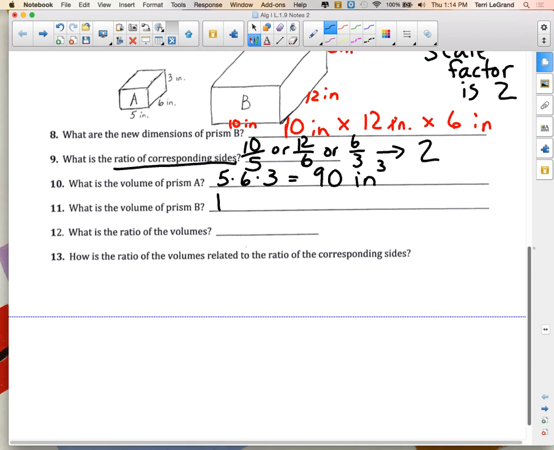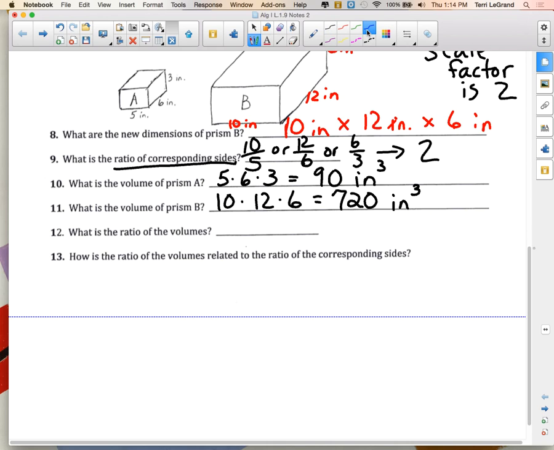The volume of prism B is 10 by 12 by 6, which is 720 inches cubed. Okay, so what's the ratio of our volume? What would it look like to start with? What's that going to look like?